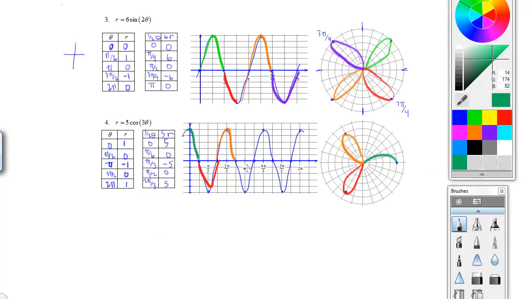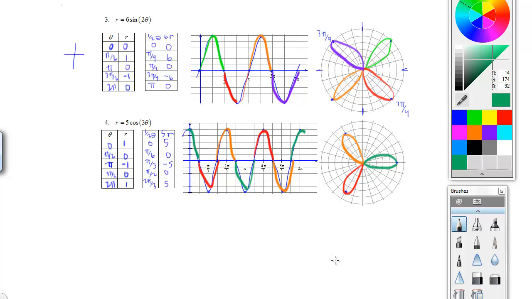And then this part here is headed toward pi but is negative, and so it completes this petal. And then the rest of this just does all of this again. So this part is part of the green petal, and this part headed out to 4 pi over 3 would be the red petal again. And then this part here would be the orange petal again. And then this part right here would be the other half of the green petal again.